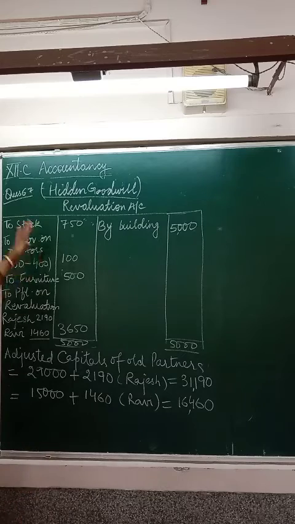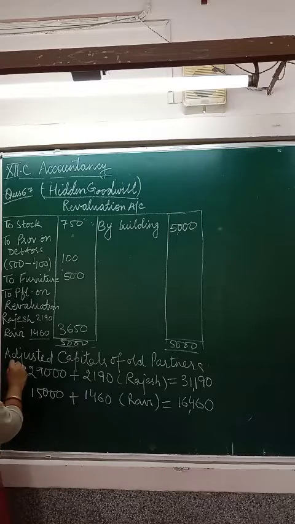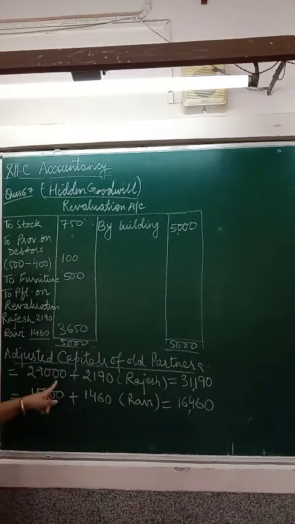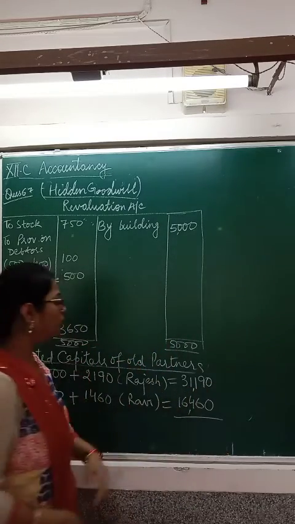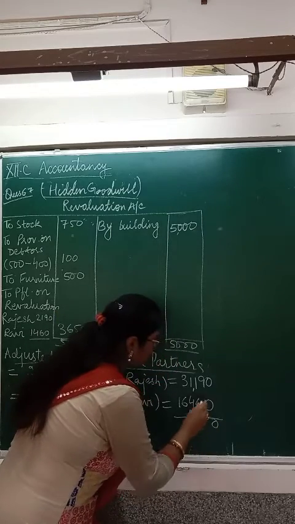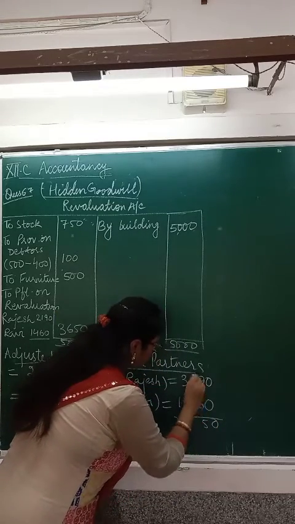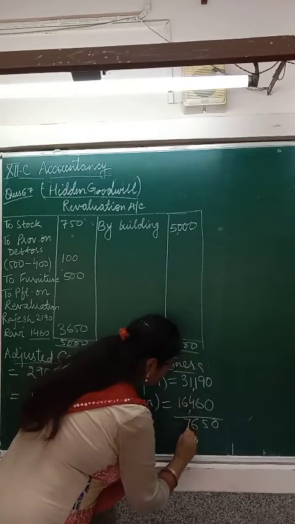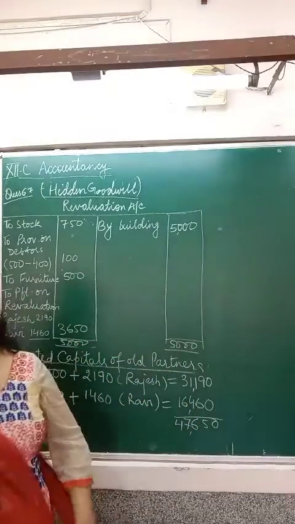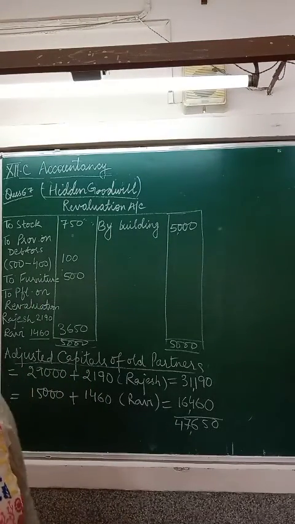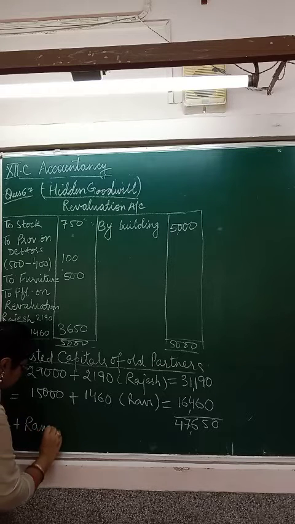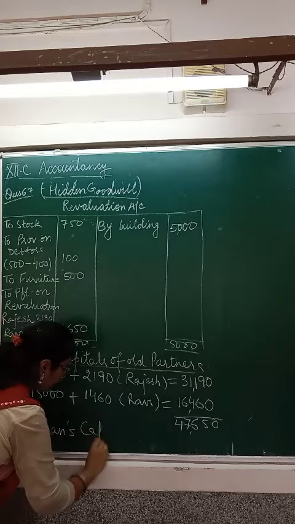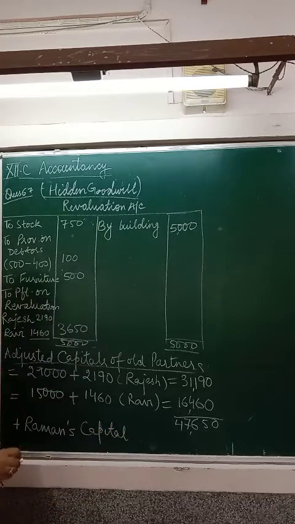So what we have done, we have simply calculated the profit on revaluation, and we have added the share of old partners in profit on revaluation to their capital accounts. Let us sum this up. 31190 plus 16460 is 47,650 rupees. Now we are going to add Raman's capital.